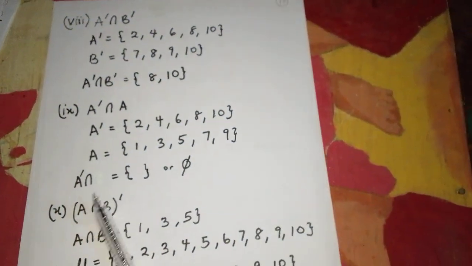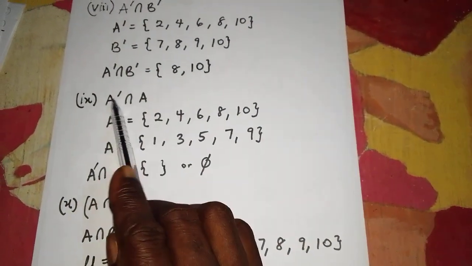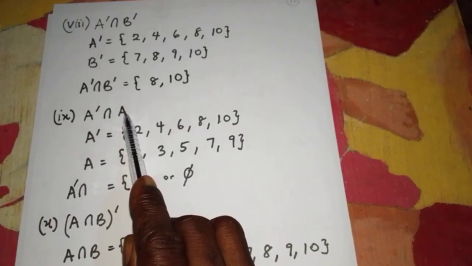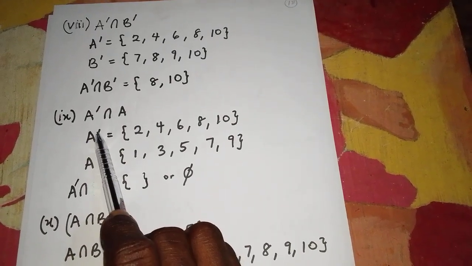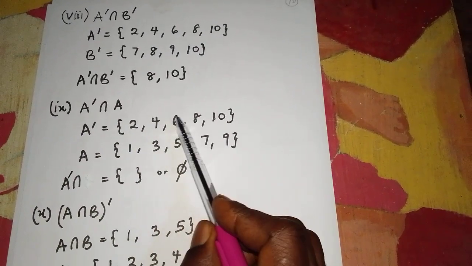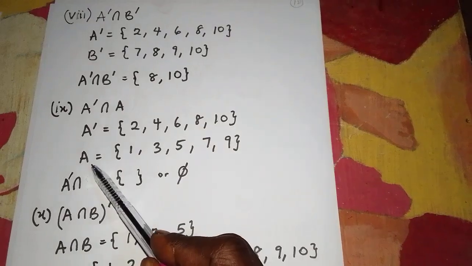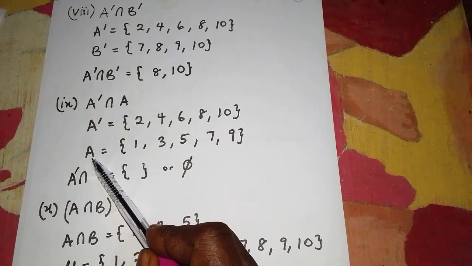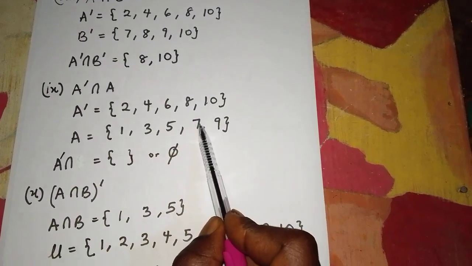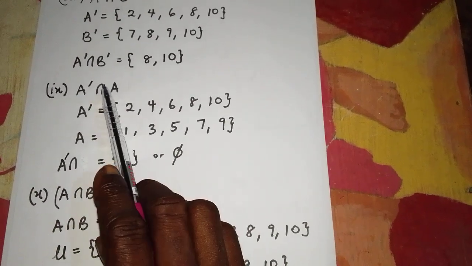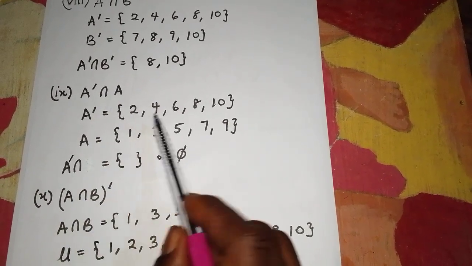Another one here, you have A complement intersection A. The elements in A complement are 2, 4, 6, 8 and 10. The elements in set A are 1, 3, 5, 7 and 9. Intersection means what is common to the two sets.